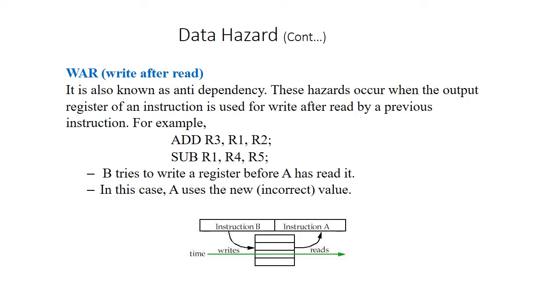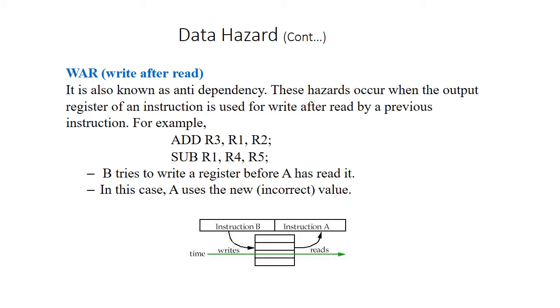So in the first instruction, R1 carries a different value, and after completing the first instruction, R1 gets a new value from the subtraction. So here is write after read.